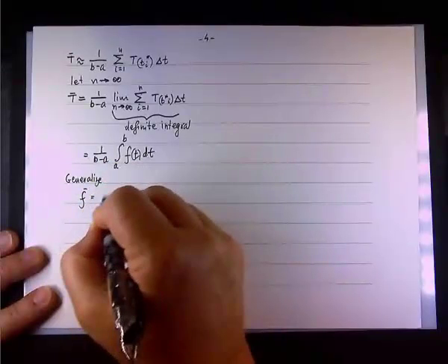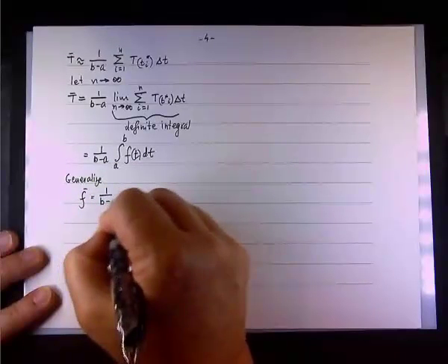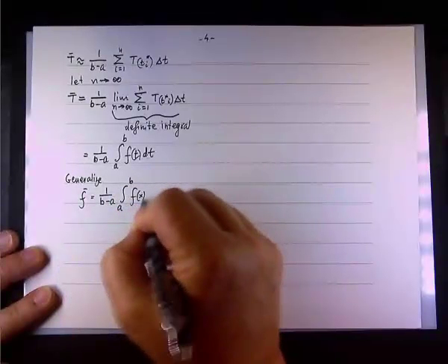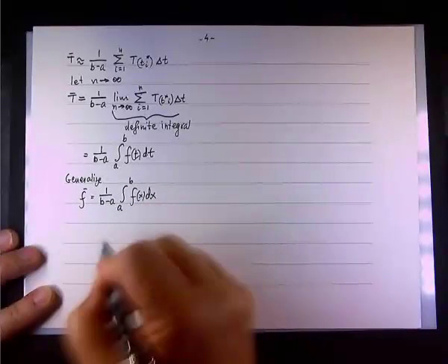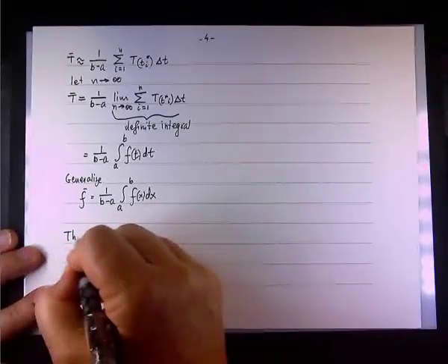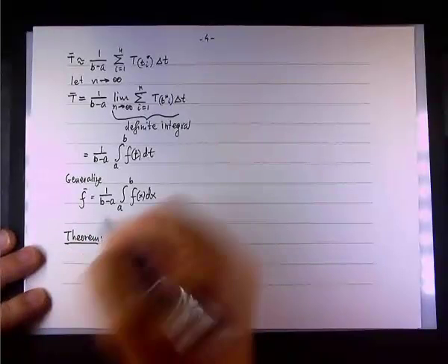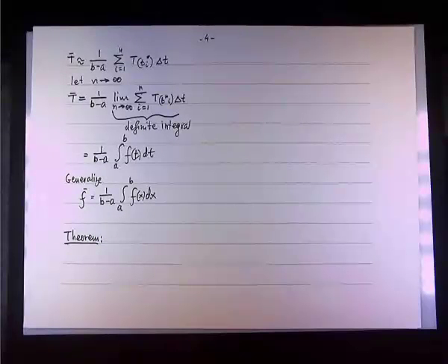Okay? And if we want to generalize, then f bar equals 1 over b minus a, the integral from a to b of f of x dx.